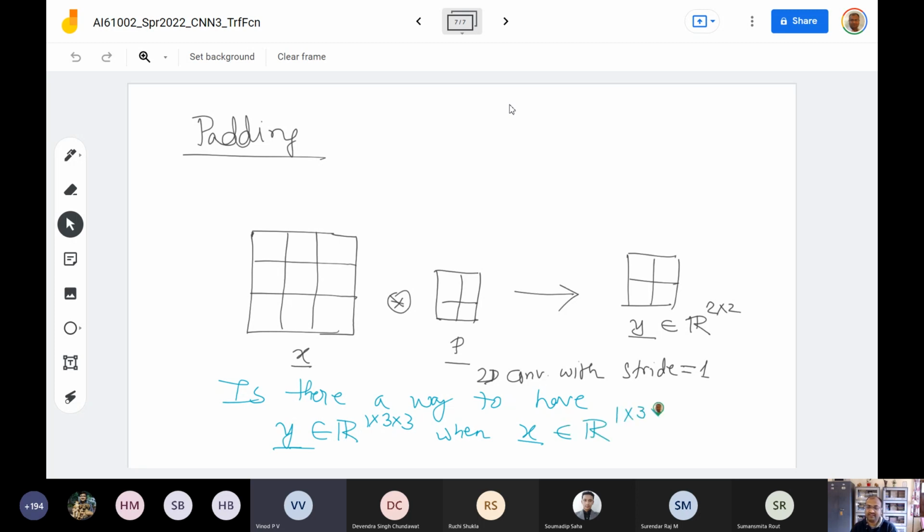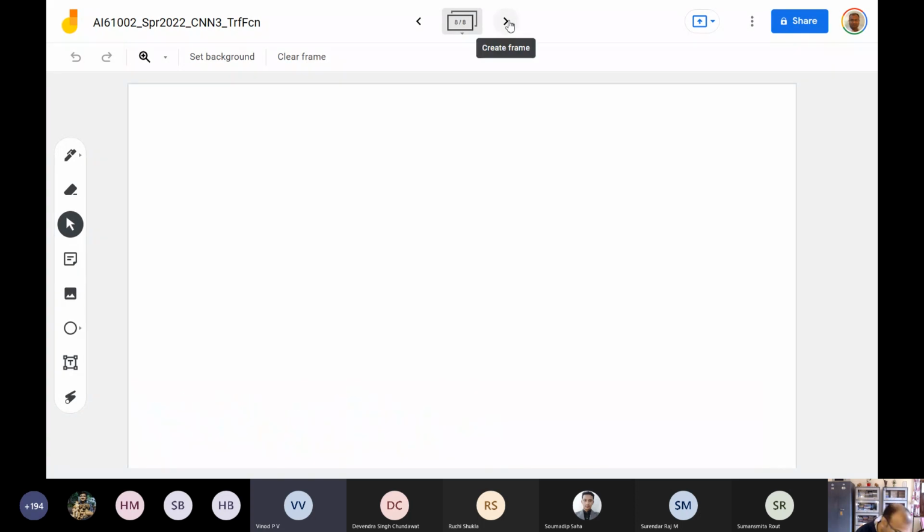So essentially what I'm saying is, is there some way I can still ensure that the size of my output is the same as the size of my input? In that case, what we can do is make use of this whole concept of padding.